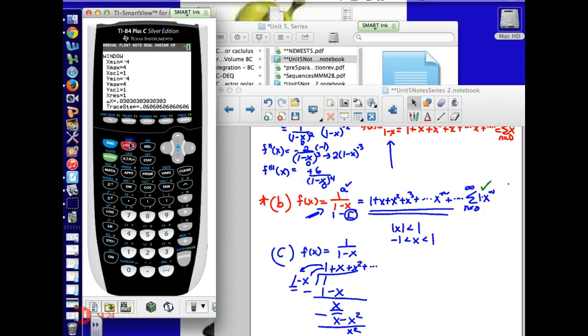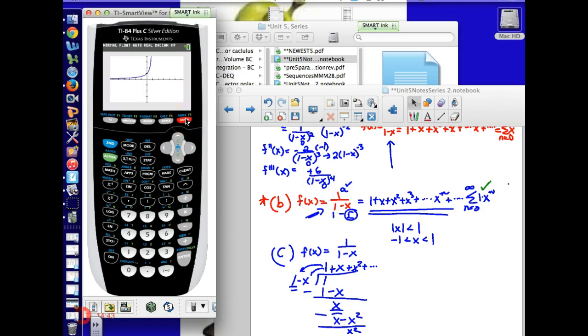I think I'm in the wrong mode on here. Nope, I'm good with that too. Let's try a zoom square. I still don't know what the deal is here. Oh, I have an extra parenthesis. Okay, so here we go.